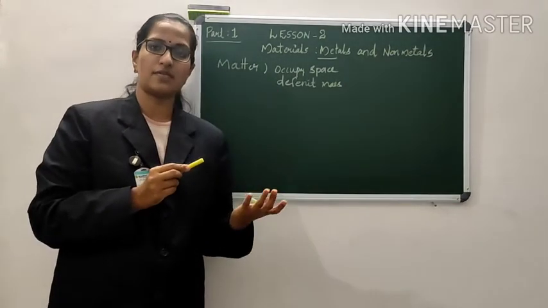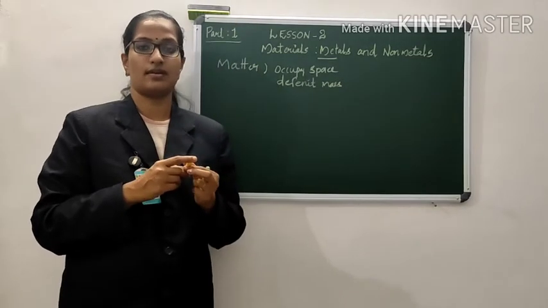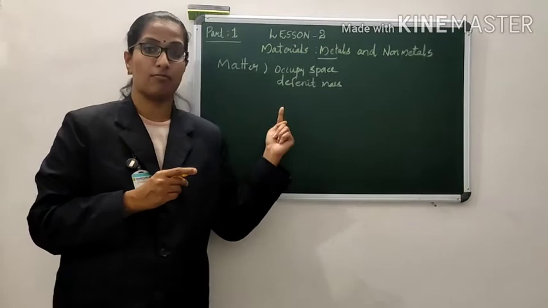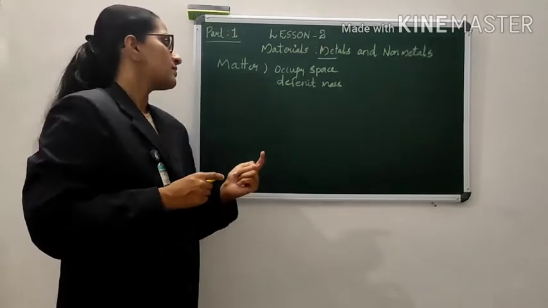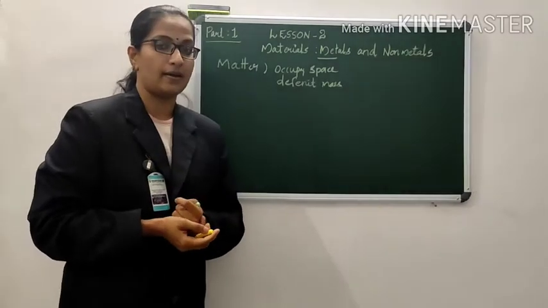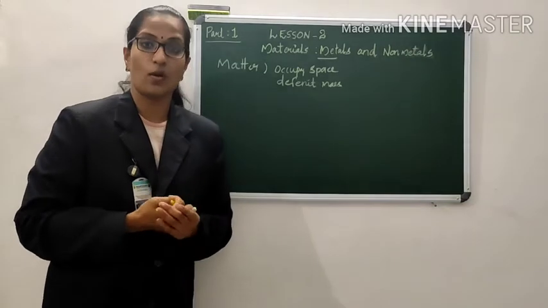So whatever substances, the duster, the blackboard, whatever items occupy a space and have mass, are known as matter. Okay, children, how to classify this matter? Mainly in which state it occurs.